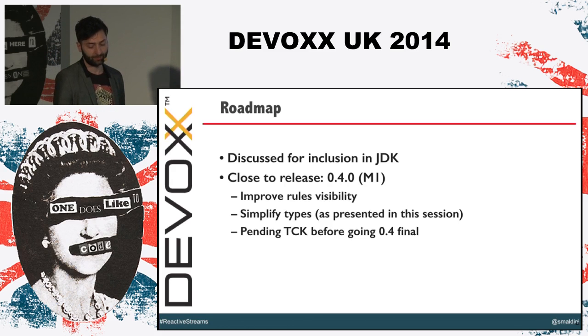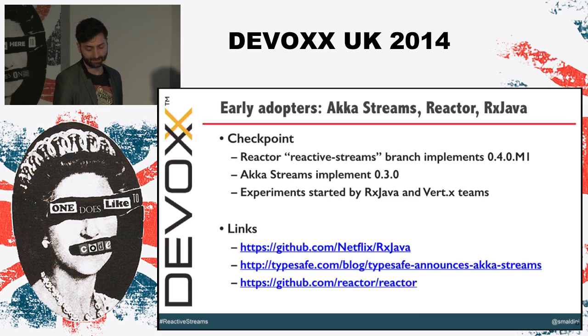This release is about improving rules visibility, so as soon as we merge that, it will be even easier for you to pick up the implementation. The simplified types presented in this presentation are coming from 0.4 because before that we had 2 additional interfaces. Currently, Akka Streams implements 0.3.0, on branch in Reactor, Reactive Streams implements 0.4.0 M1.